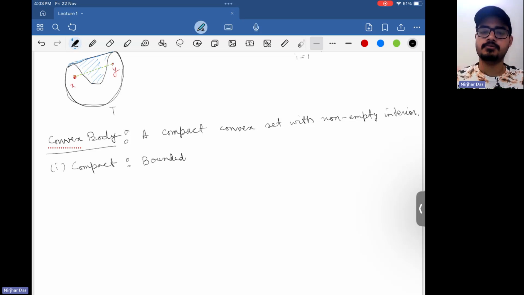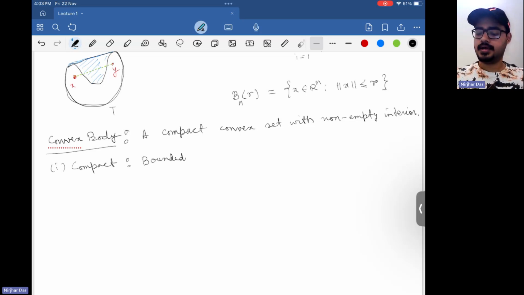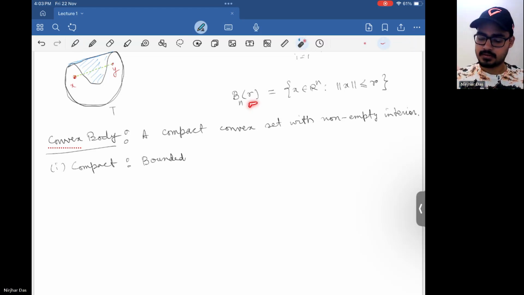In n-dimensional Euclidean space, bounded basically means that you can find a large ball of finite radius, say we denote this as B_n(R). So basically this means all x belonging to R^n such that norm of x is less than or equal to R. So this is just a scaling of the unit ball. And so bounded says that you can find this R large enough, but still finite, such that the whole of this convex body is contained inside this ball of radius R.